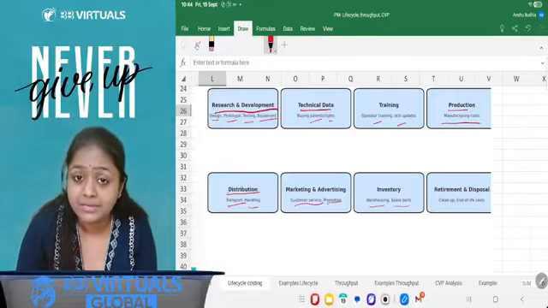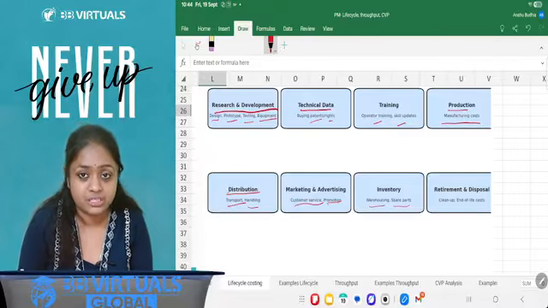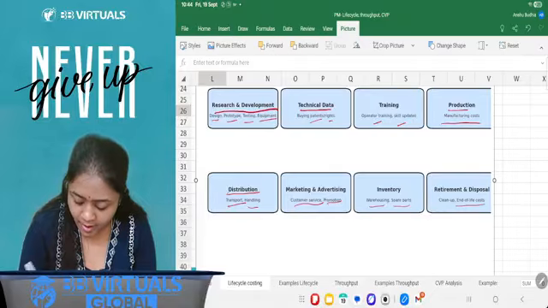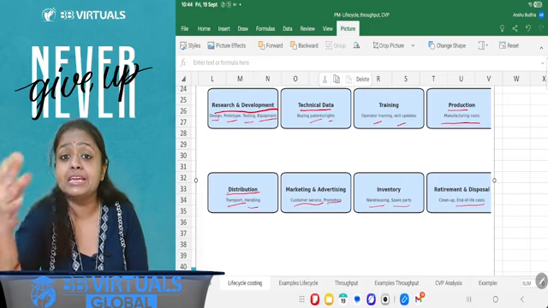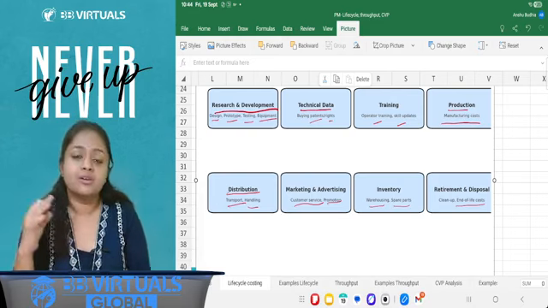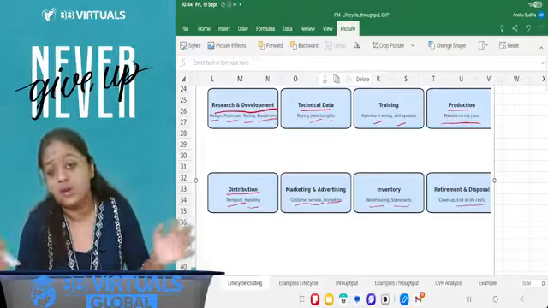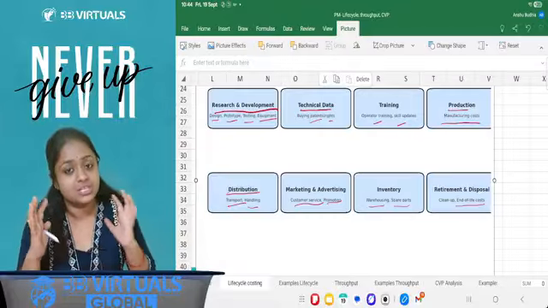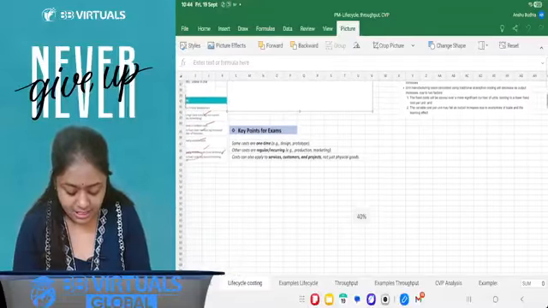Then all the retirement and disposal cost, like the dismantling cost, decommissioning cost, as well as end of life cost, like cleanup cost also. Okay, so right from start till end, you can see that we have included all costs, right from research till the end. I hope this flowchart gives you clarity.